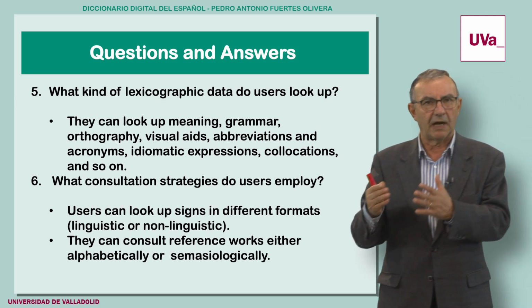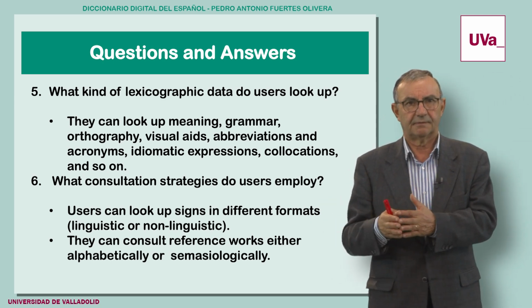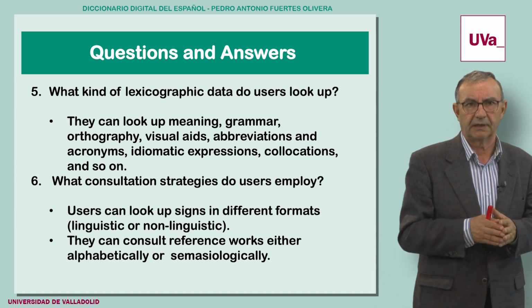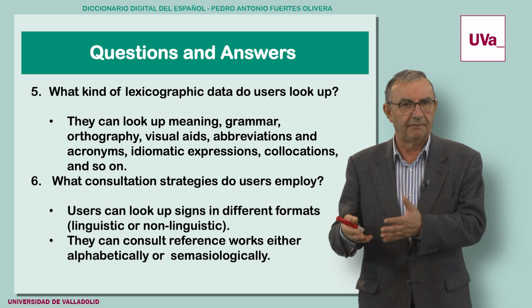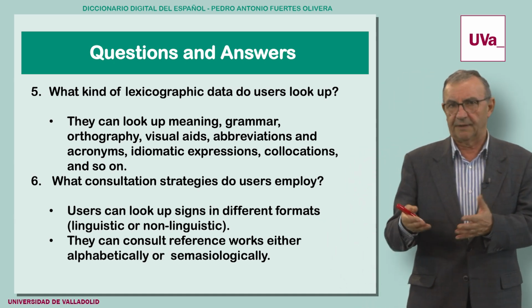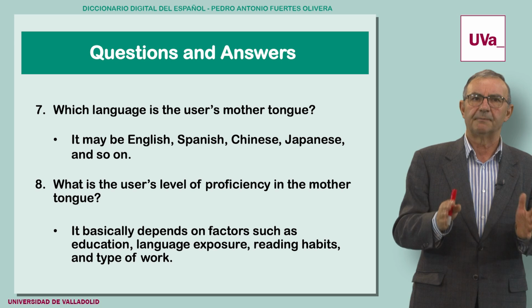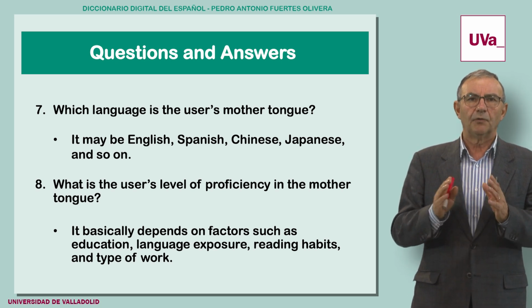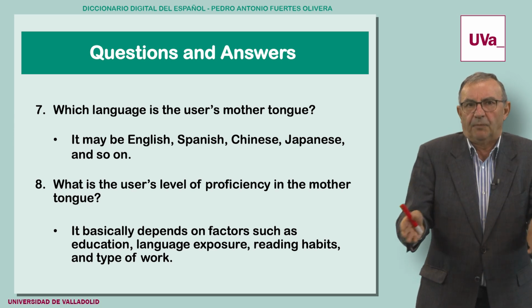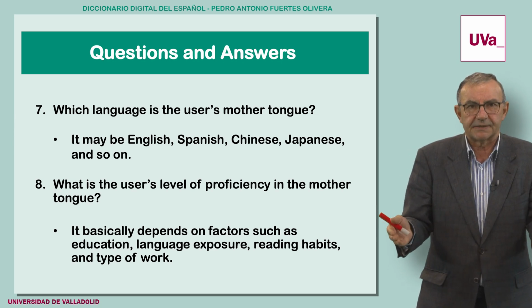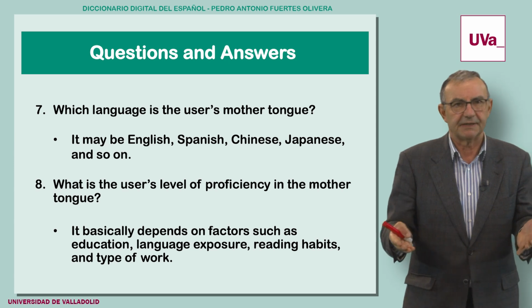Users can look up signs in different formats, for example, linguistic or non-linguistic. They can consult reference works either alphabetically or semasiologically, etc. Question number 7. Which language is the user's mother tongue? For example, it might be English, or Spanish, or Chinese, Japanese, etc.